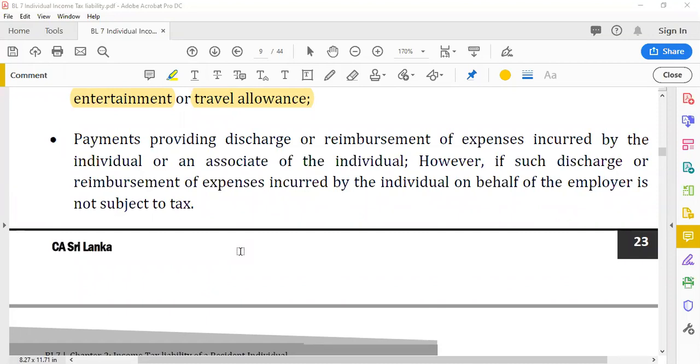What do you mean by reimbursement? Reimbursement means what? Giving back. The company gives money that we spend.